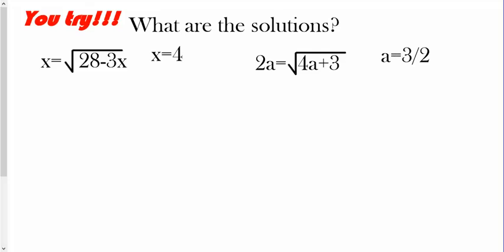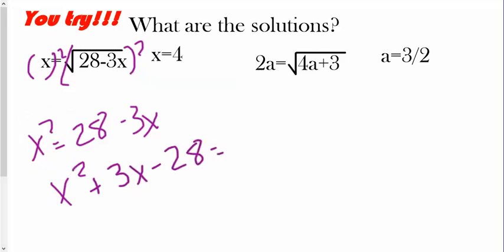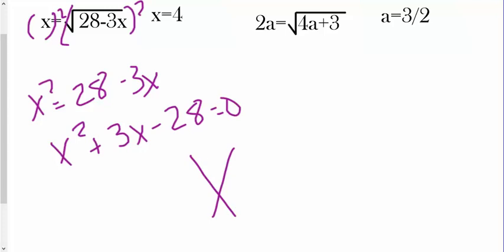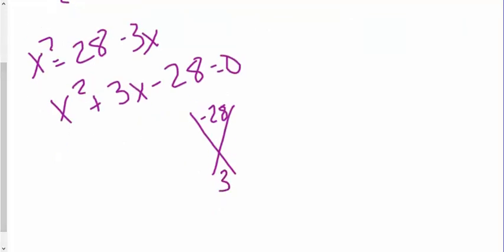So for this one, I know that to get rid of that square root, I have to square both sides, which will give me x squared equals 28 minus 3x. And then because I know I need to factor here to get my solutions, I get everything on the same side. I get that trinomial, x squared plus 3x minus 28 equals 0. Then I think about what factors multiply together to give -28 and add up to 3, which would be 7 and -4.